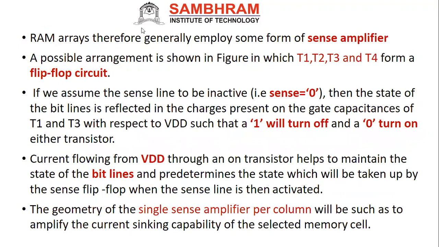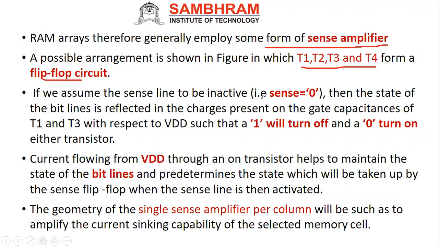Now here, RAM arrays generally employ some form of sense amplifier. That is the concept here. The sense amplifier is a possible arrangement that has 4 transistors, named T1, T2, T3, T4. It is a differential inverter structure, and it will form a flip-flop circuit. How does it form a flip-flop circuit?